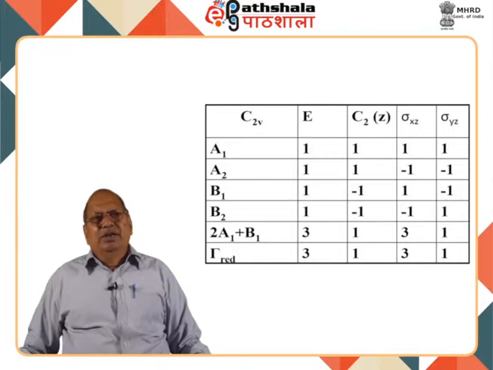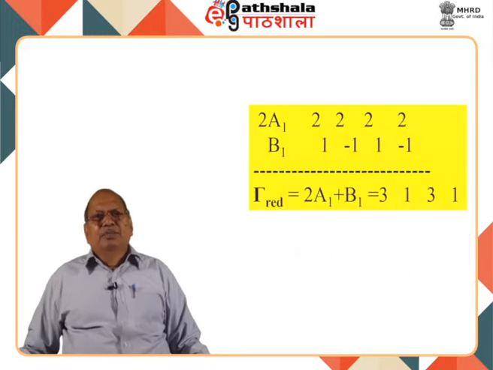That is, just by direct inspection for simple molecules, just by looking at the characters of irreducible representations, I can reduce the reducible representation. As given over here, 2A1 characters are 2, 2, 2, 2 and B1 characters are 1, minus 1, 1, minus 1, and therefore, tau reducible is 2A1 plus B1, which is equal to 3, 1, 3, 1.